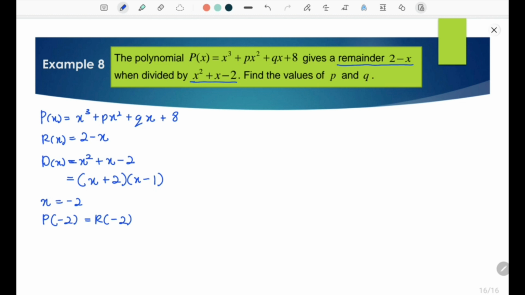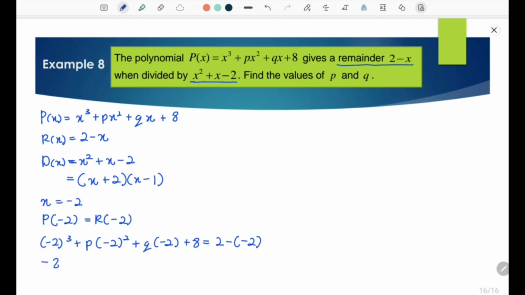So next, we're going to substitute x equal to negative 2 in p(x) and r(x). So we have negative 2 cubed plus p times negative 2 squared plus q times negative 2 plus 8 equal to 2 minus negative 2. So we are going to expand these equations.